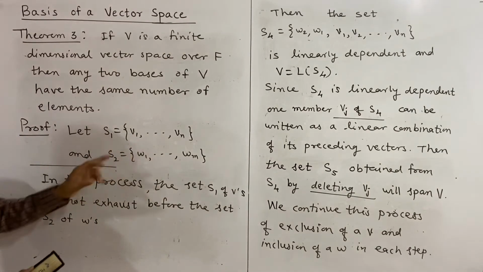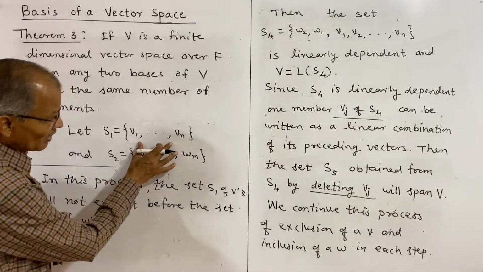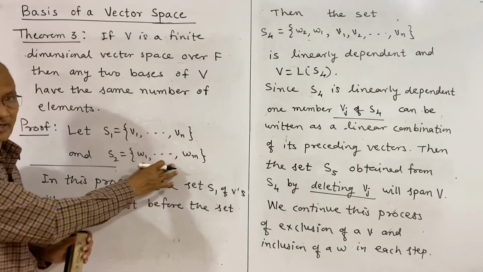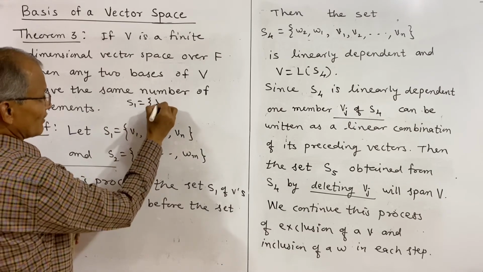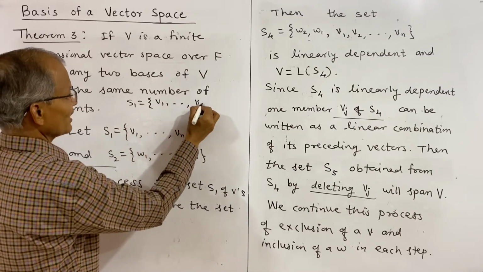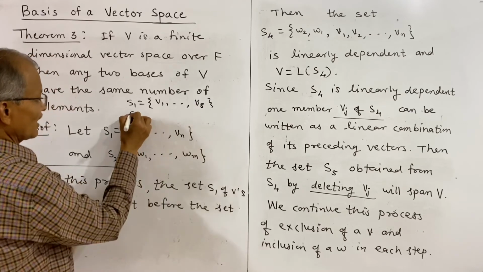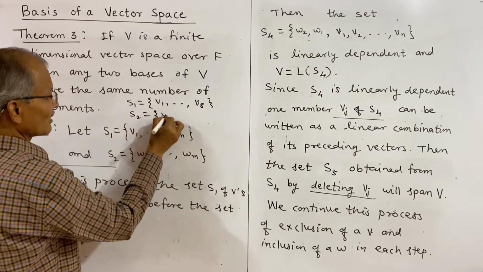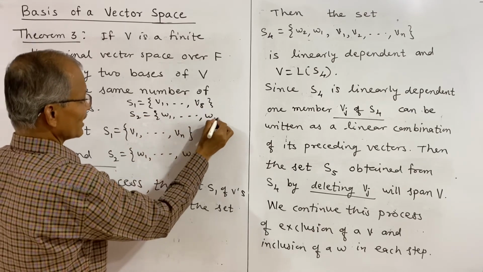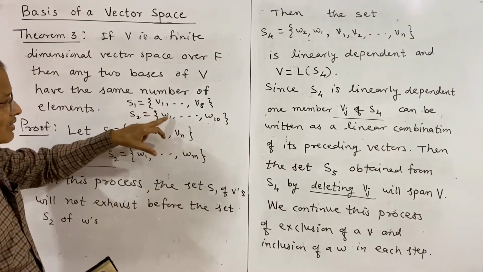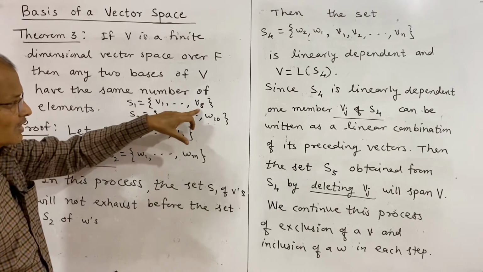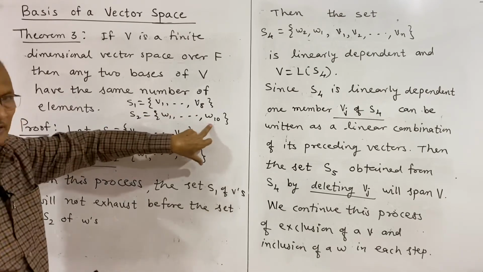When will it be over? If it contains fewer elements than the set S2. That means if S1 contains, say, V1 up to V8, and S2 contains W1 up to W10, then in the replacement of V's by W's, this will be exhausted earlier, because there are 8 elements and there are 10 elements.